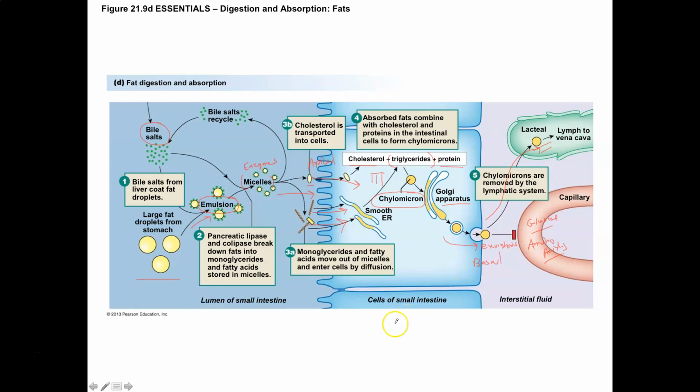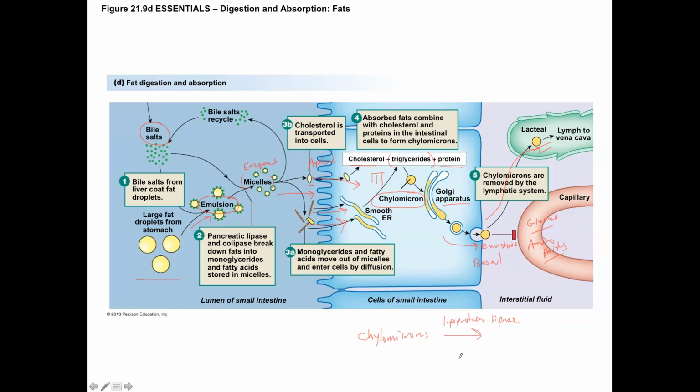Once your chylomicrons are in venous circulation, we have a new enzyme in our blood, which is lipoprotein lipase. Lipoprotein lipase is what is going to start the digestion of chylomicrons within the cardiovascular system.